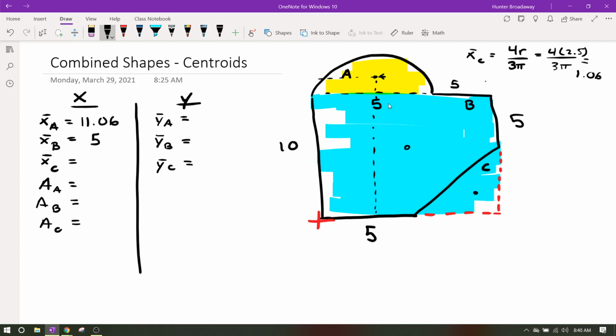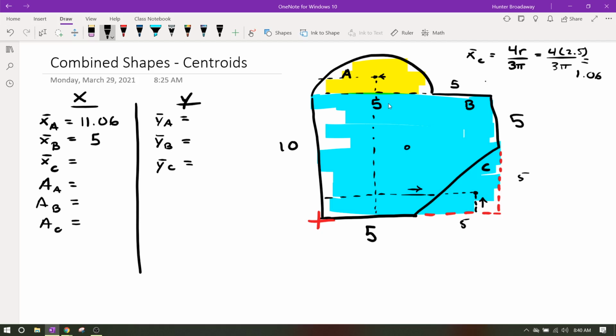X bar of C, we are going to have to do a little bit of work on. We're going to say that this leg down here is 5, and this leg right here is 5. And we need to know how far we need to go across to get to here. We need to go up, and we need to go across this way.